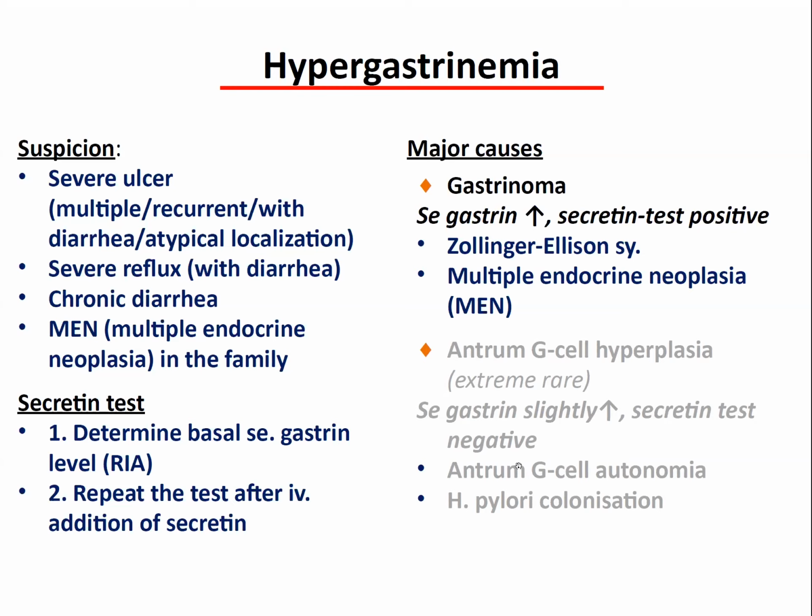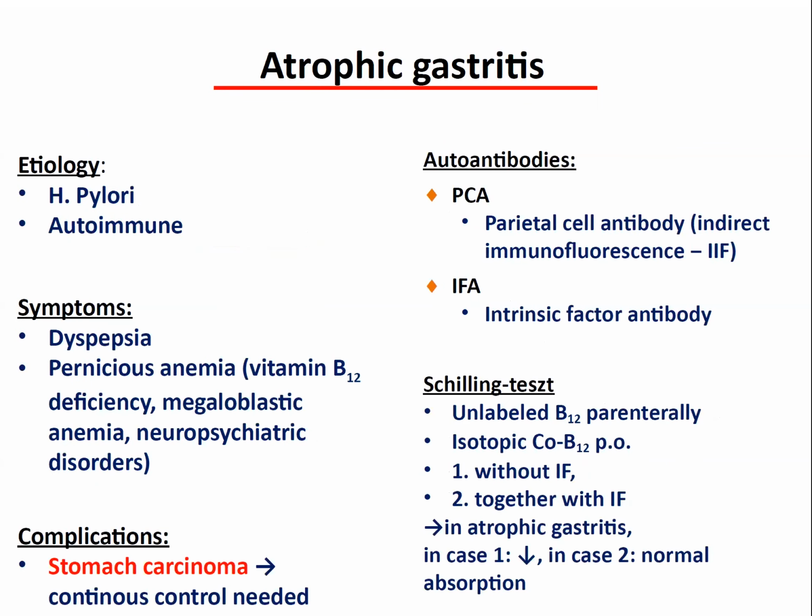Now, the secretin test determines the basal gastrin level, and after giving IV secretin, this is how you measure how high the gastrin level gets.